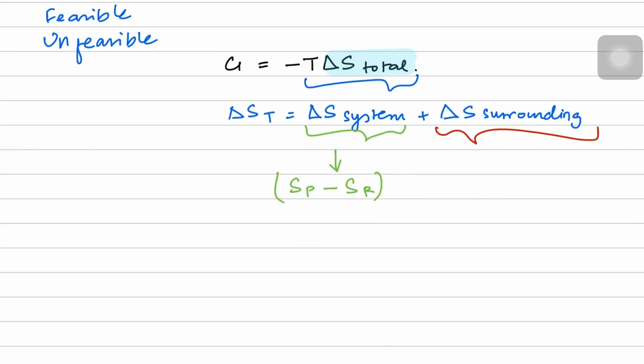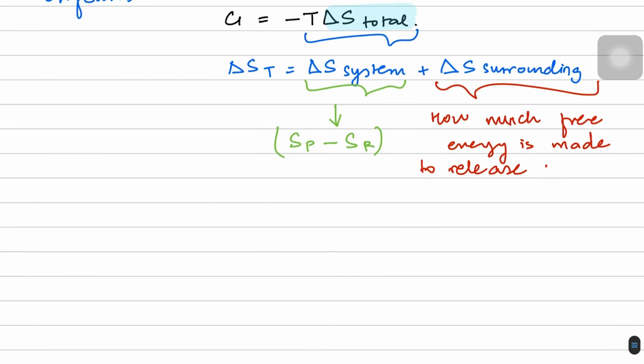Entropy change surrounding means how much free energy is made to release in a reaction, basically, to be dispersed into the surroundings.